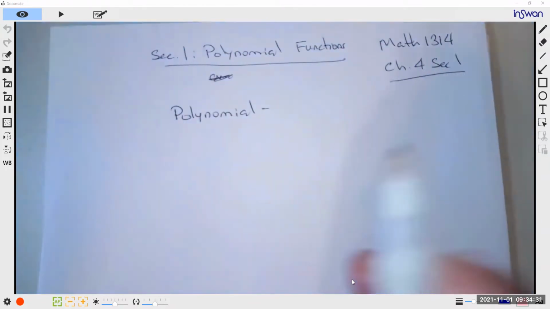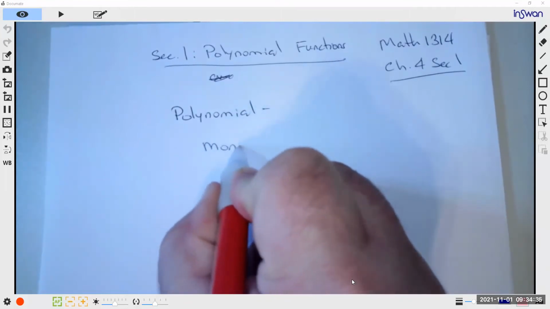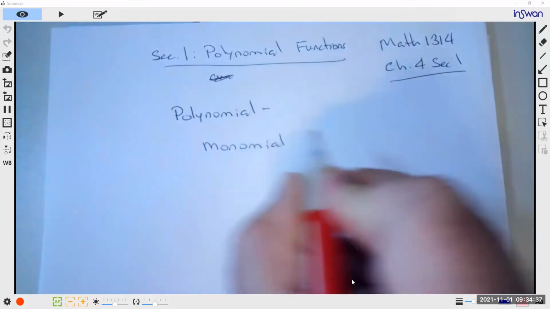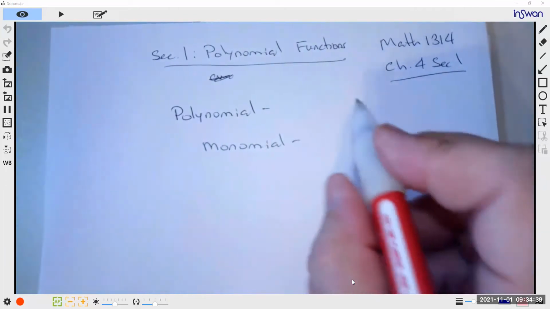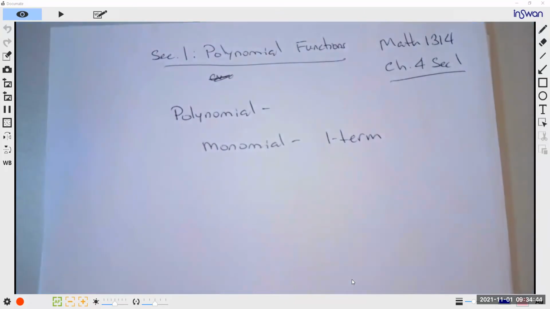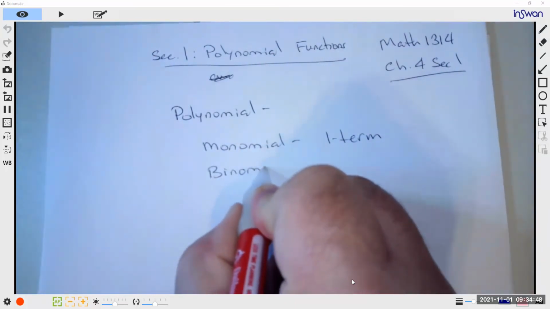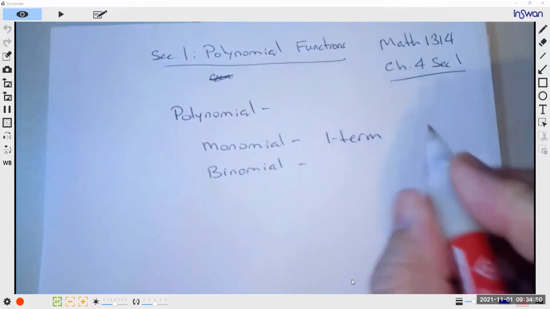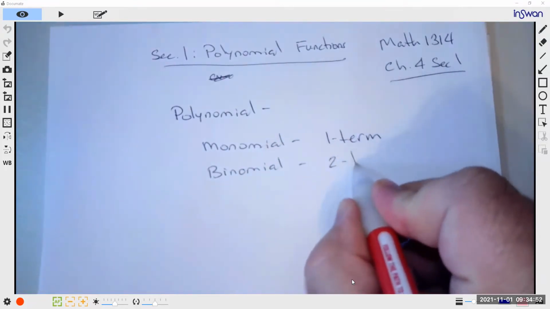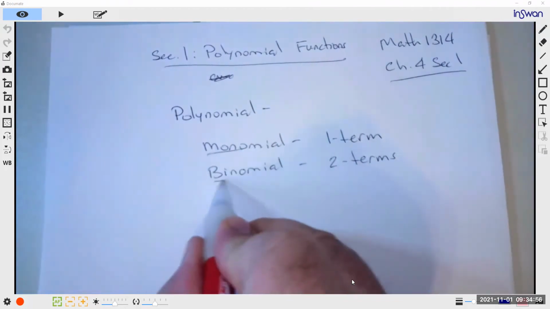What is a polynomial? So far we've discussed monomials. A monomial is an equation that has one term. A binomial equation has two terms, mono, bi.